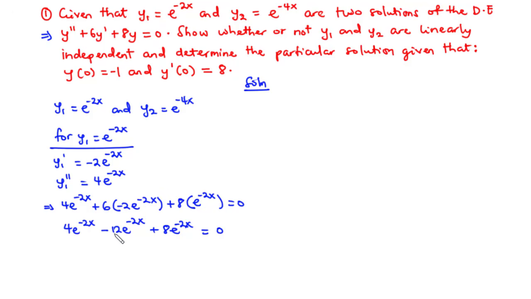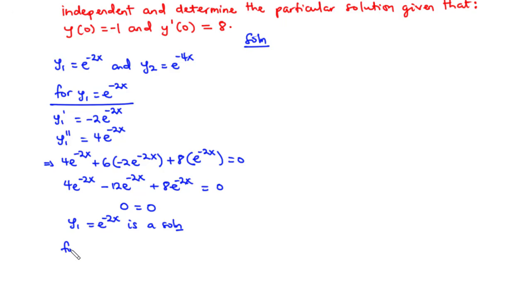So we have 4 plus 8, which is 12, minus 12, and that is equal to 0. So we have 0 equals 0. Since the left hand side is equal to the right hand side, it means that y1 equals e to the power negative 2x is a solution to the differential equation given.